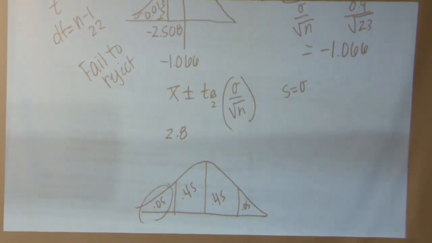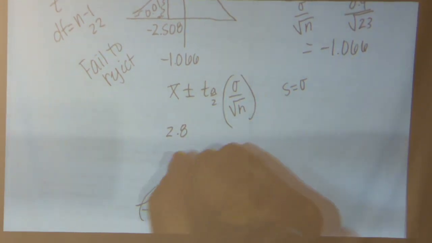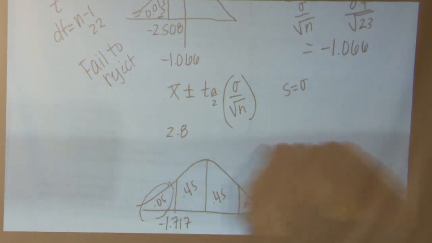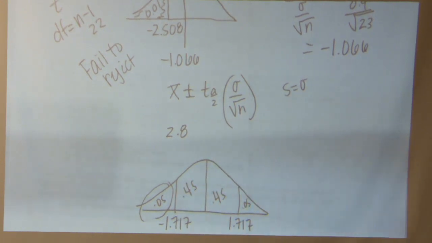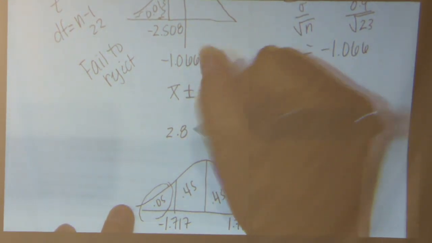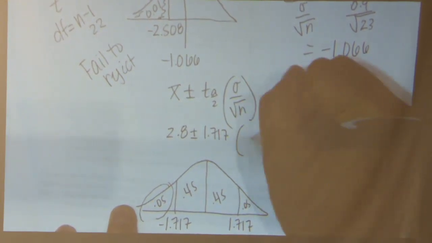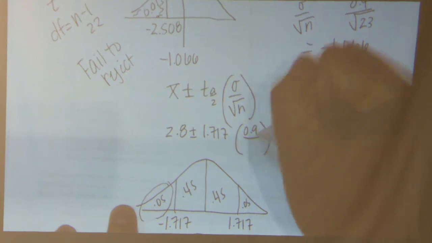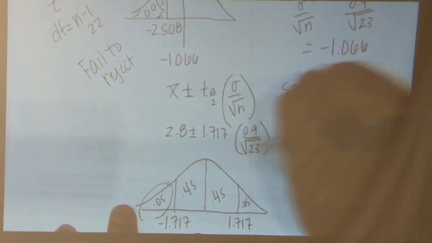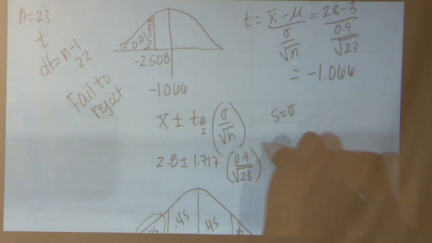And we get 1.717. So now we can add that to our formula. Our standard deviation was 0.9, and our n value is 23. And this would give you the confidence interval.